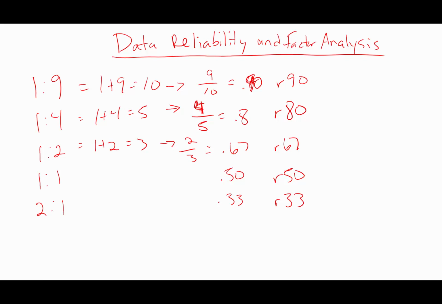And lastly, we have 3 parts error, 1 part structure, that's going to give us 0.25, so we're calling this R25. Notice on these last two, we have more error variance than structure variance.